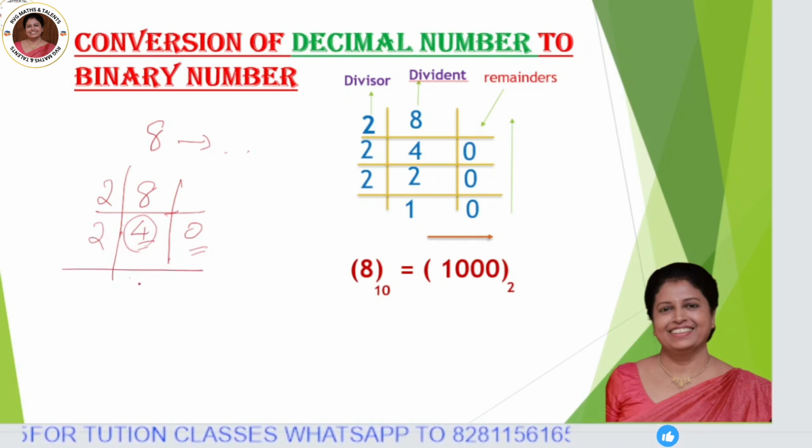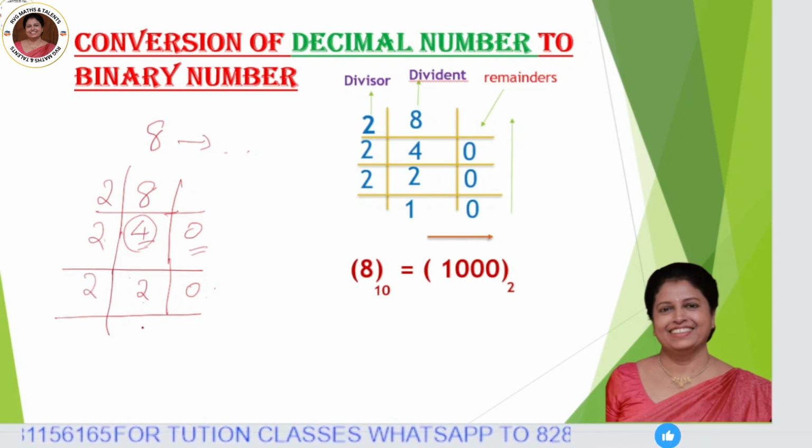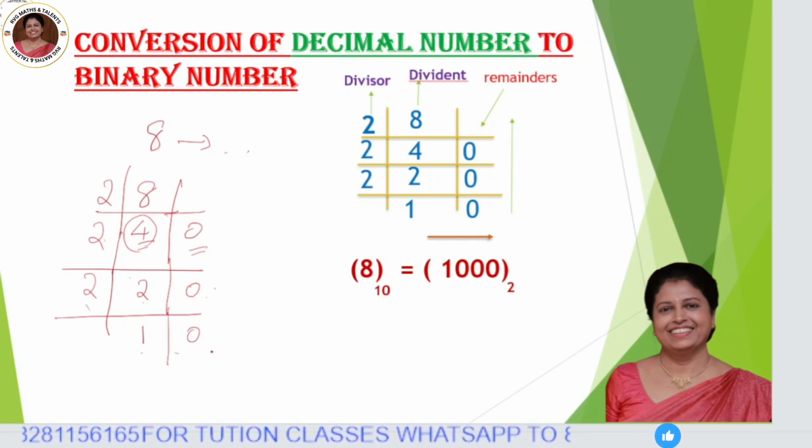Then we get 2 as the quotient and remainder 0. Then again we divide this 2 by 2. Then we get 1 as the quotient and the remainder is 0.